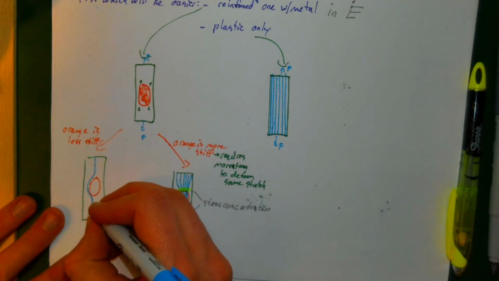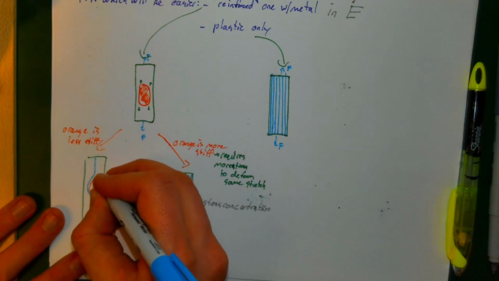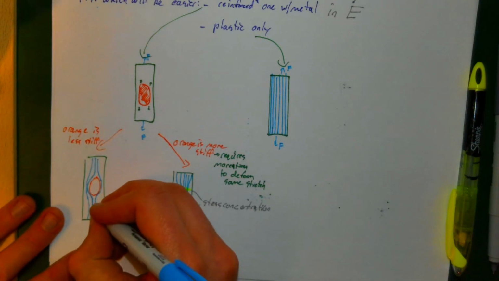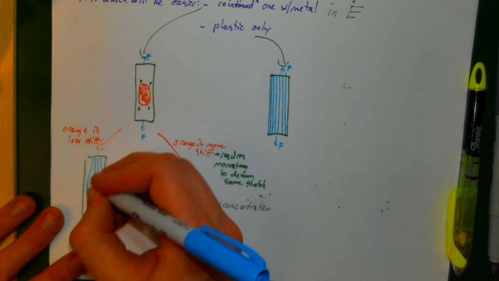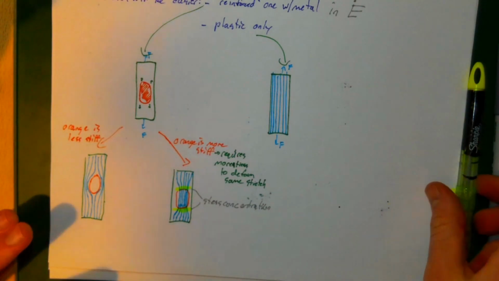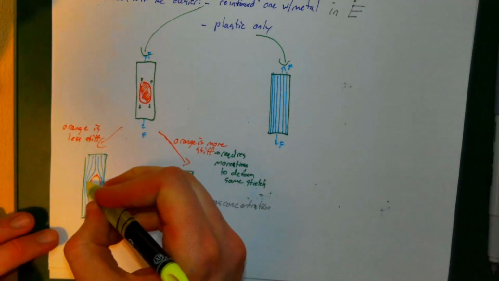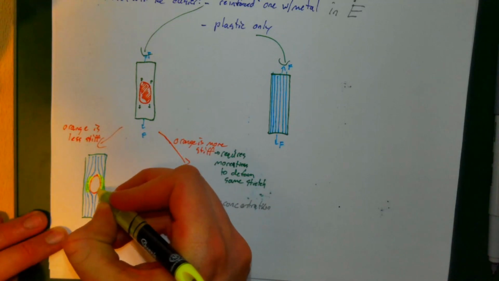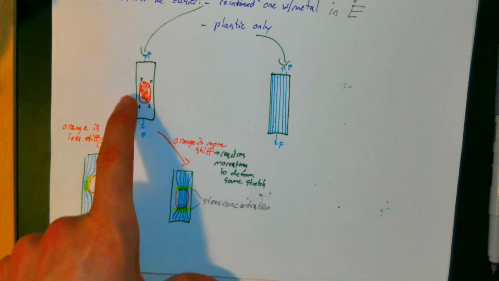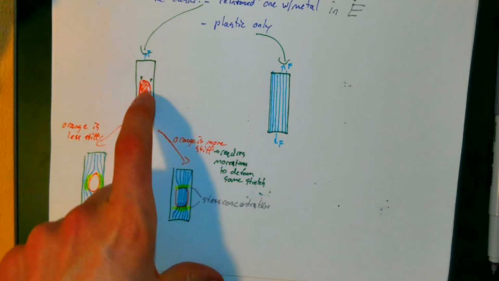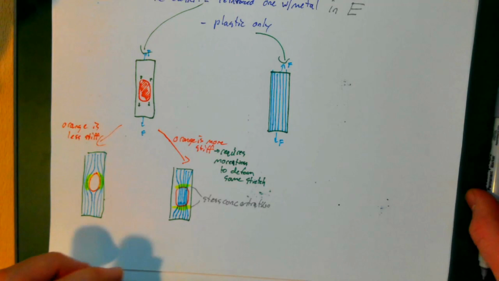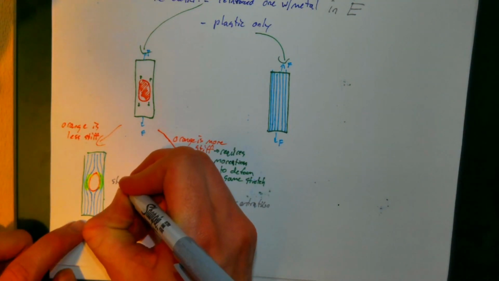Ooh, can't touch this. And I basically get stress concentration at the sides. So regardless of whether the insert is stiffer or less stiff than the material around it, I still get stress concentration.